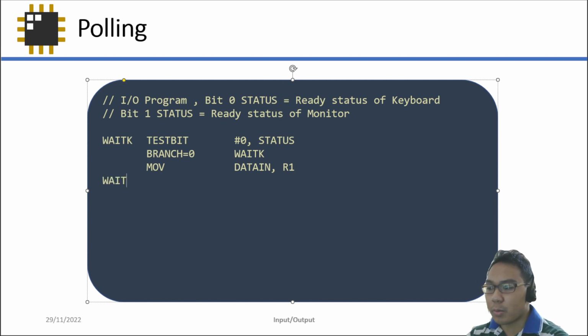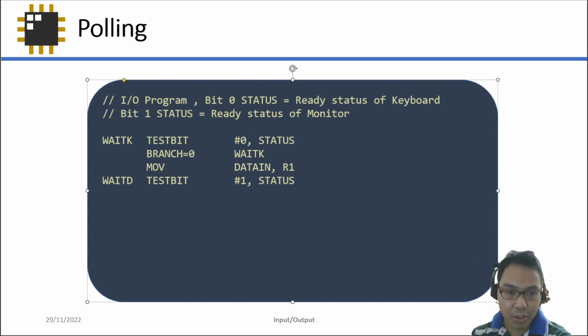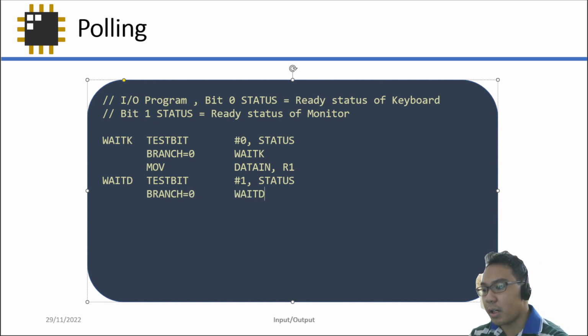Now, what do we do with that character after? Well, next we check bit number 1 of the status register to check whether or not the monitor is ready to display the character. So we branch to wait D. We poll again if the monitor wasn't ready.